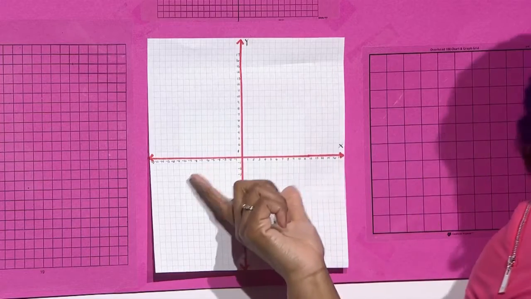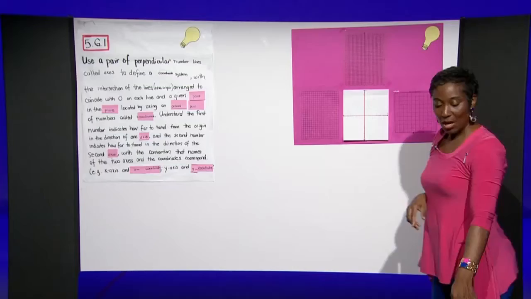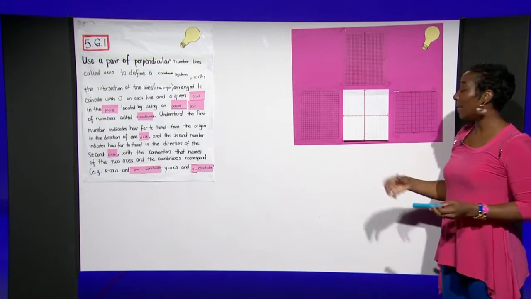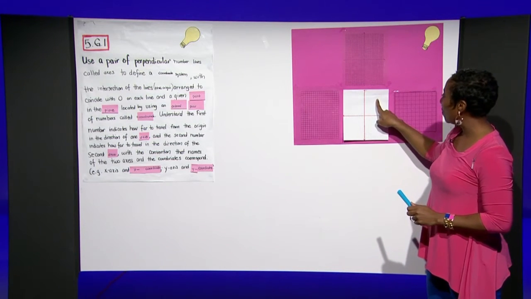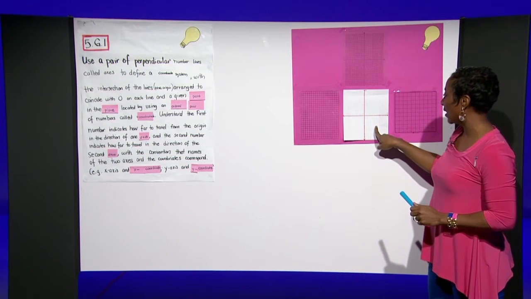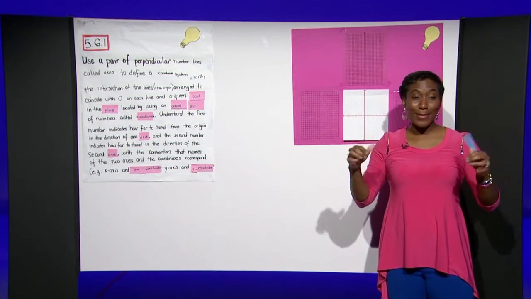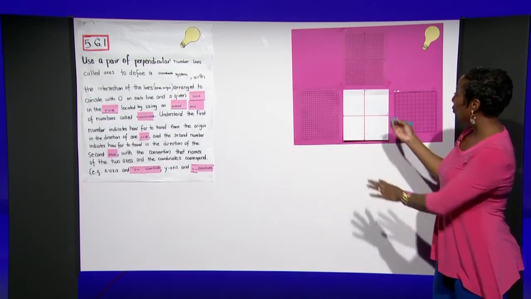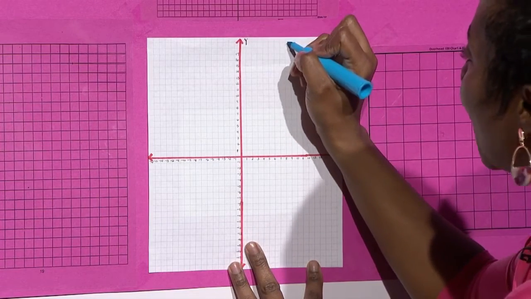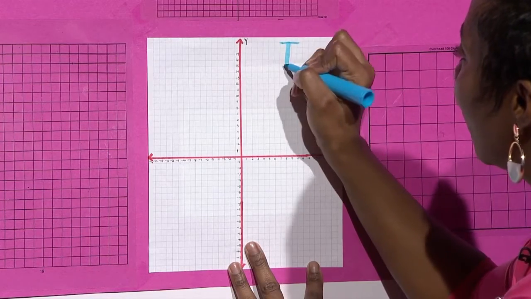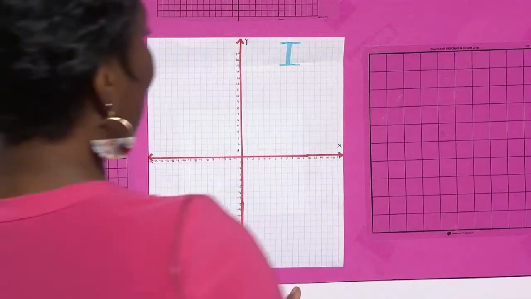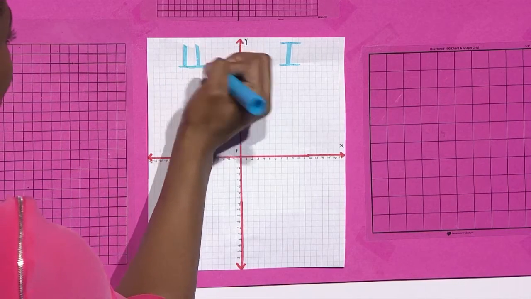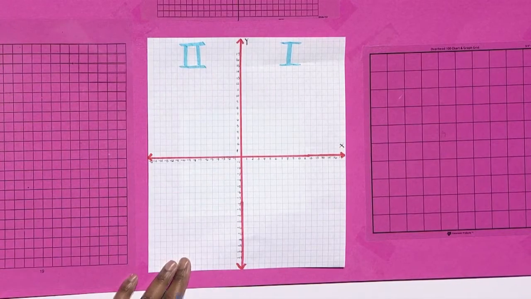So let's talk about this coordinate plane for a moment. What do you notice as it relates to this coordinate plane? Well, I notice, again, if you remember, there's 4 different sections. Or I'm a 5th grader now, so that means I have to use a little bit more vocabulary. So let's label this as quadrant 1, and I'm going to label this one as a 2.